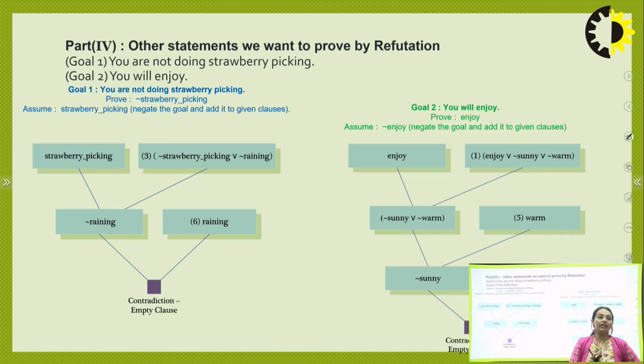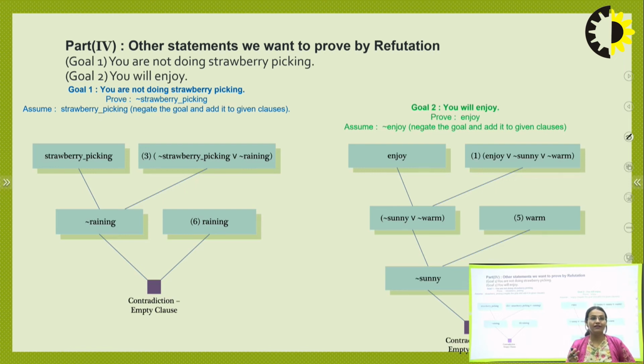I cannot change the question, so what I'll do is increase my knowledge base. For that increase of knowledge, I'll add to the English statements.